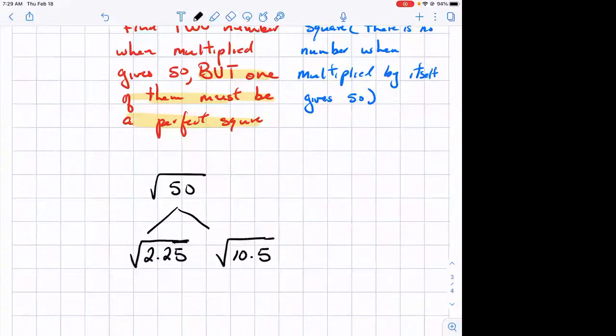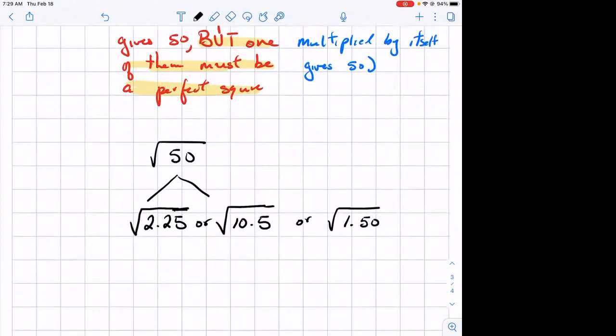That is 50. Or we can have the square root of 1 times 50. Or we can have the square root of, and this list goes on and on and on. So let's just look at the three of them that we have here: one here, one here, one here.